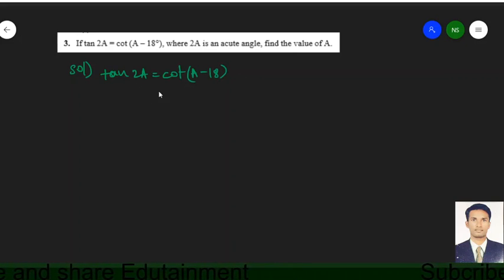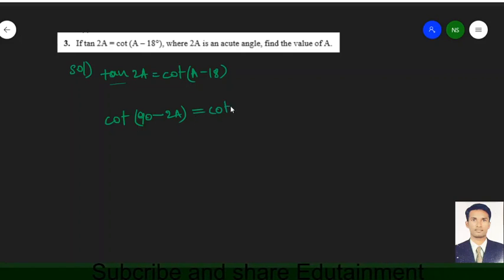Now, instead of this tan, I will change this one a little bit. I can write this one as cotangent 90 minus 2A, which is equals to cot A minus 18. From where did I get this one?